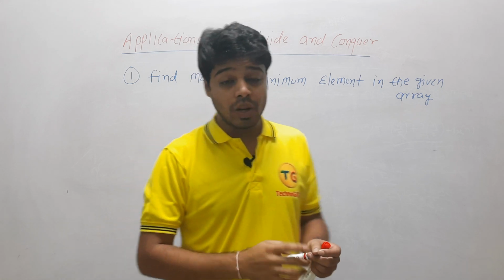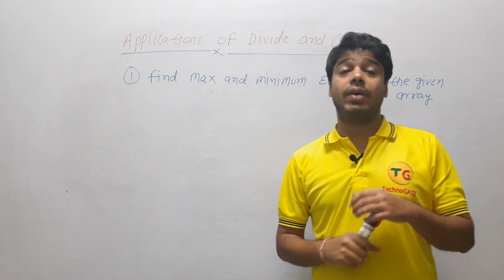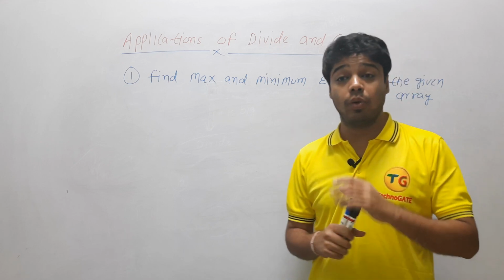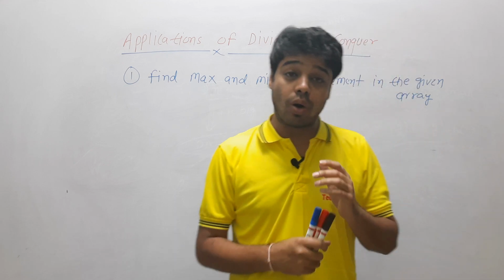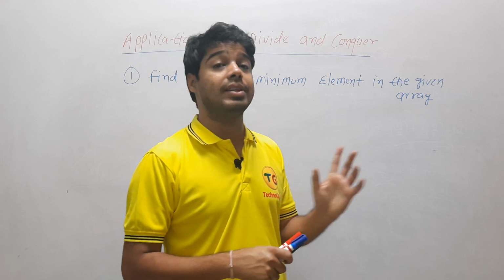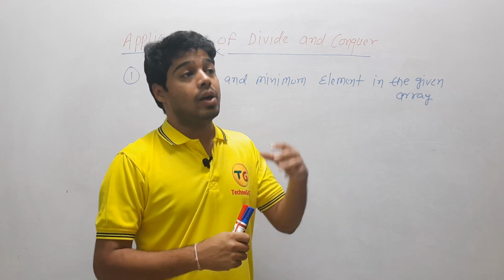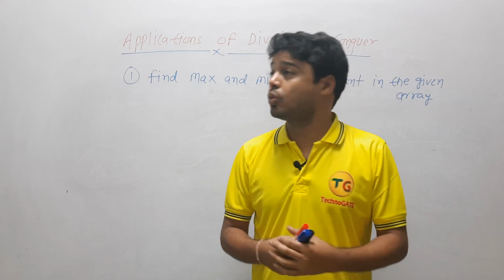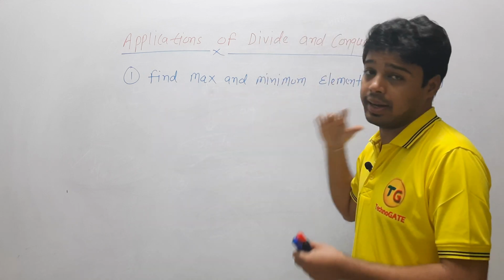Before applying the divide and conquer approach, we will solve finding the max and min without divide and conquer, so that we can differentiate which one is the best, and conclude whether divide and conquer or without divide and conquer is best to find max and min in the given array.